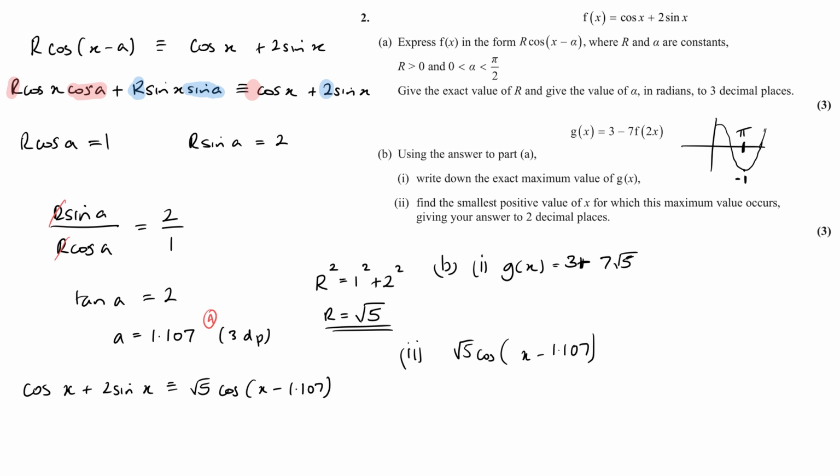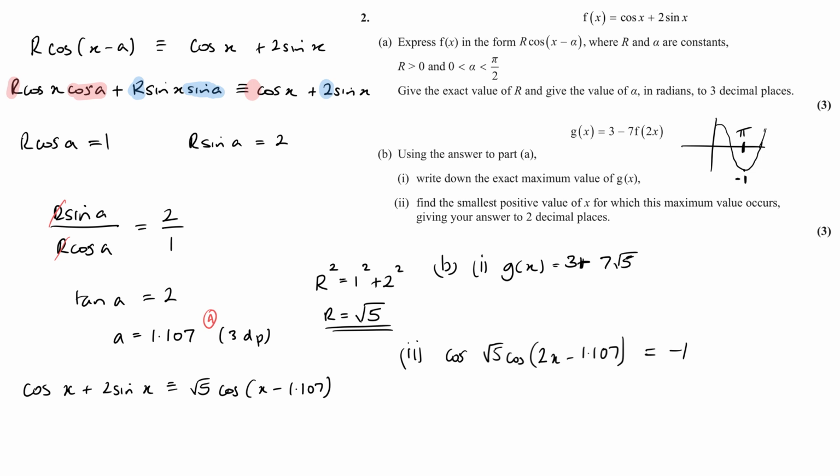We want 2x, so substituting in 2x instead of x, and then we want this to equal minus 1.